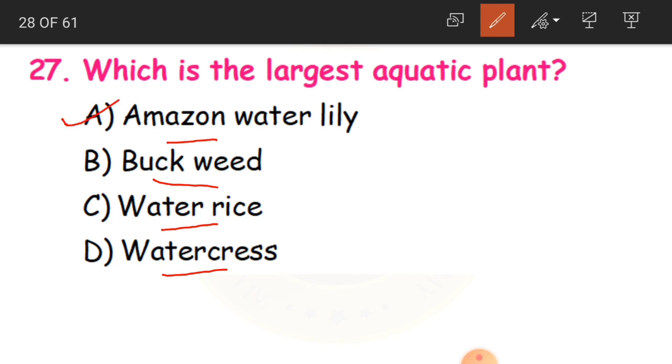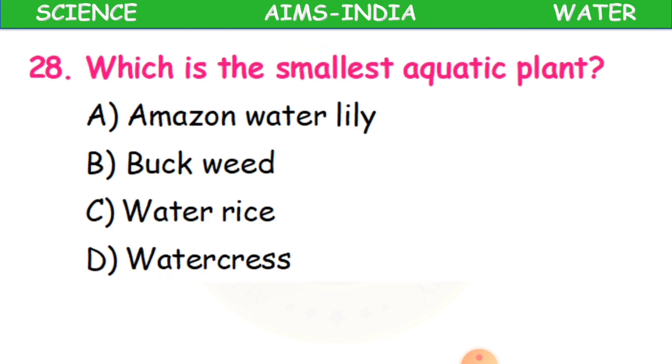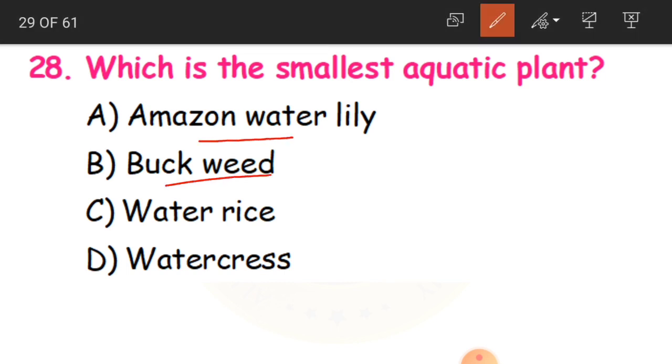A option is the correct answer. 28th question, children. Which is the smallest aquatic plant? Okay, so Amazon water lily, buckwheat, water rice and watercress. So it is buckwheat. Okay, clear, children?